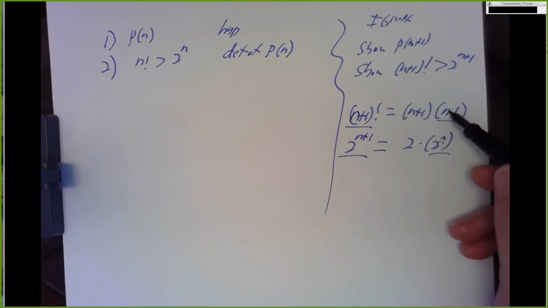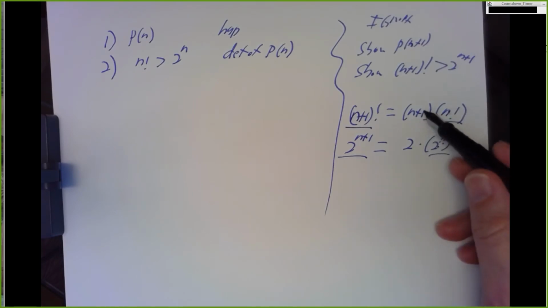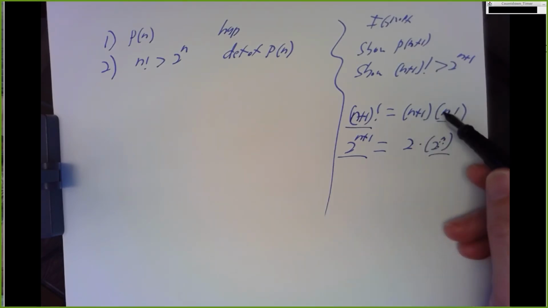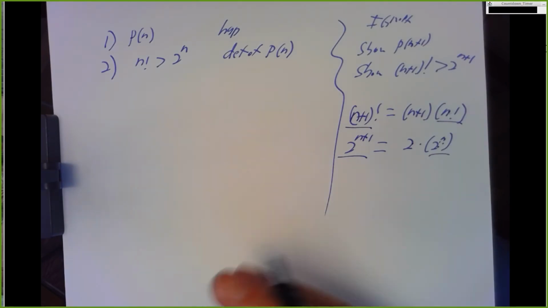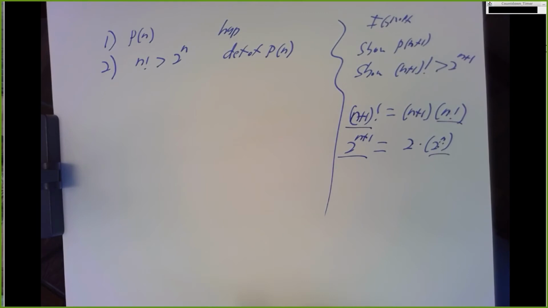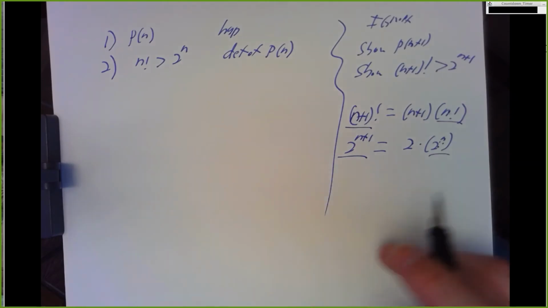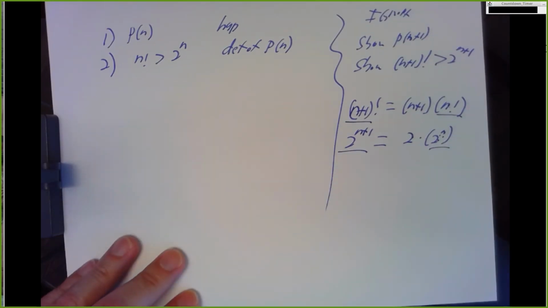And if I multiply this first thing by something bigger than 2, that inequality only gets even more extreme. And so if n plus 1 is bigger than 2, right, this inequality is going to be preserved. N plus 1 will always be bigger than 2, right? So these are just kind of the feelings that one gets when looking at this and thinking about it, that hopefully lead to some kind of ultimately productive path.